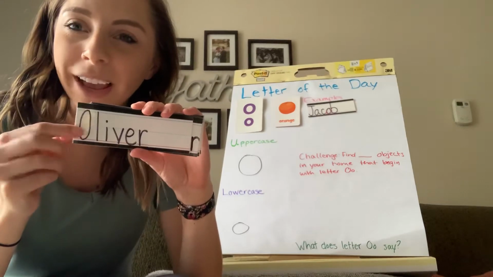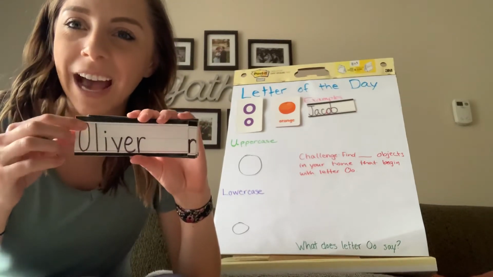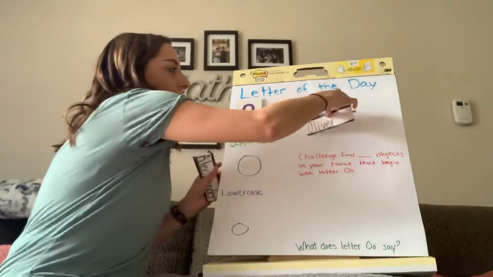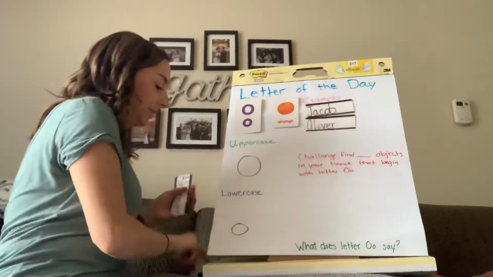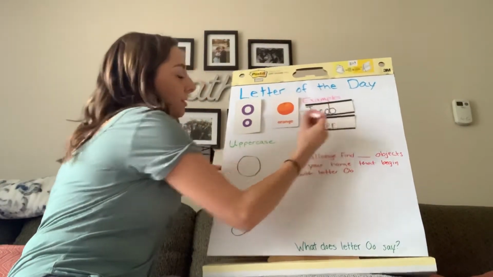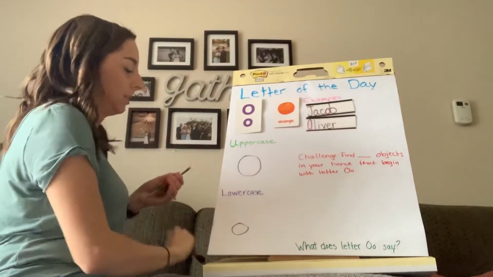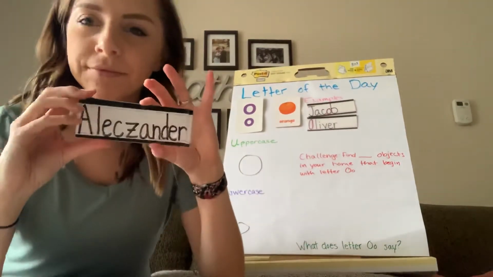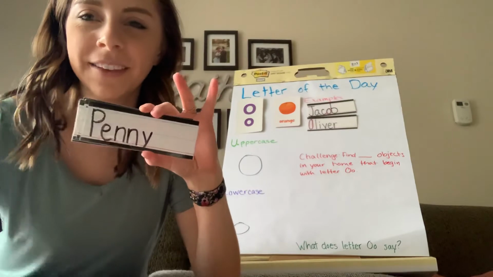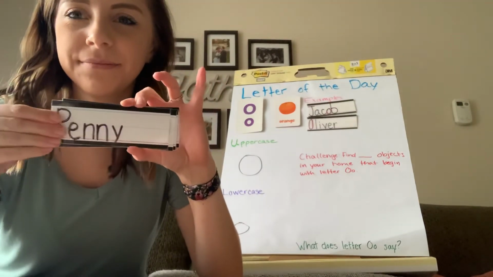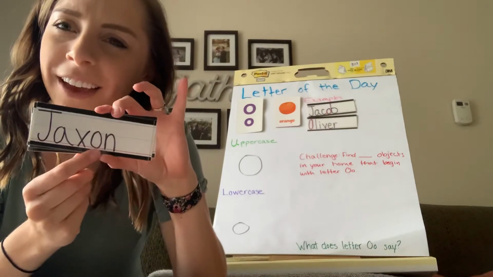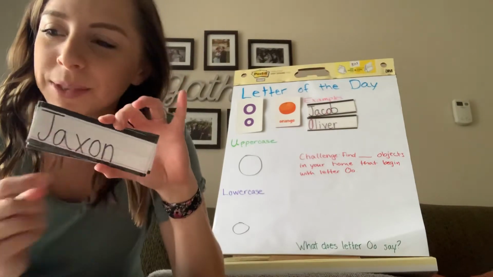Oliver has an uppercase O in his name because that's what starts it. Oliver. You're going to trace your letter O. Do you see that? Jackson has an O in his name as well.